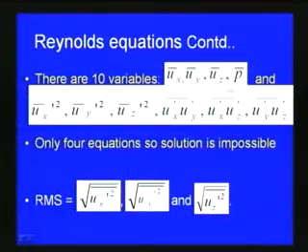The variables are u x bar, u y bar, u z bar, p bar, then u x dash bar square, u y dash bar square, u z dash bar square, u x dash u y dash bar, u x dash u z dash bar, u y dash u z dash bar. So, there are 10 unknowns and we have only 4 equations. Mathematically, to get a solution is very difficult.